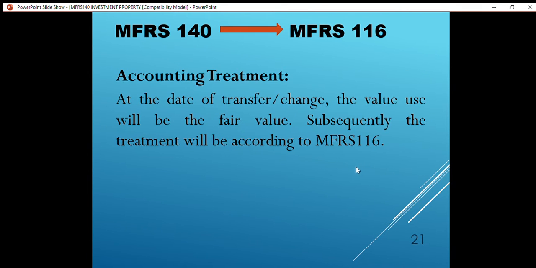Alright, let's have a look at this one. This is a transfer from MFRS 140 investment property to MFRS 116 PPE. Okay, so the accounting treatment for this transfer, at the date of transfer, the value used will be the fair value of the property. Subsequently, the treatment will be according to MFRS 116.